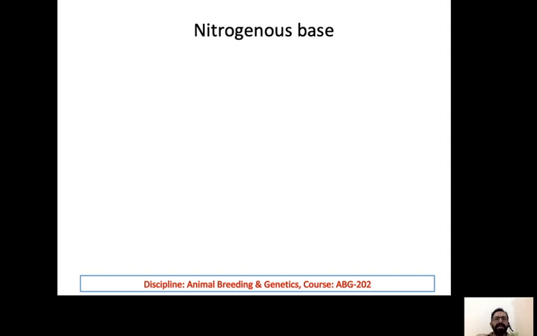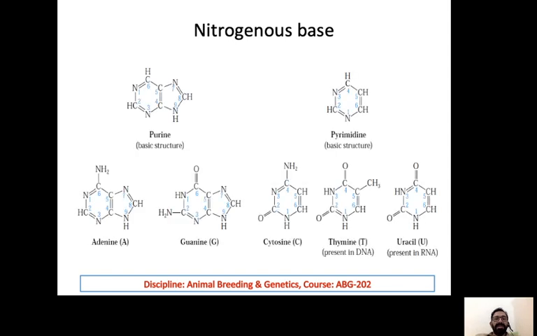Then the second part is the nitrogenous base. Here you can see purine and pyrimidine. These are basic structures. In the red rectangle you can see, and you can remember, the positions of each carbon, 1 to 9, in the case of purine.